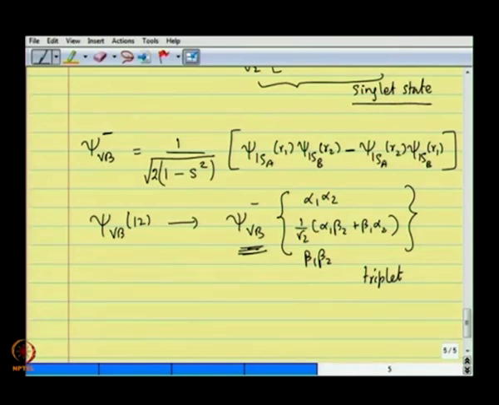So these are things that one has to keep in mind, but for the calculations that we are going to do in this lecture and the next lecture, we are not going to worry about the spin part of it. Therefore the spin part is not going to change the energy levels by any means, but it has to be kept in mind that it is there.